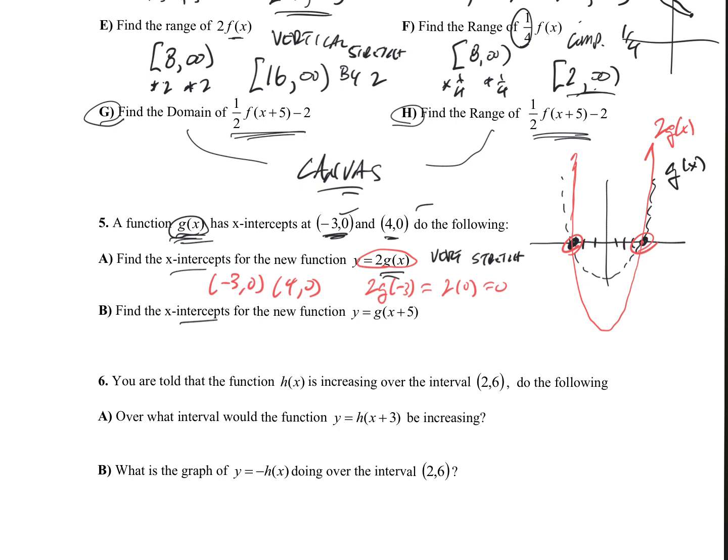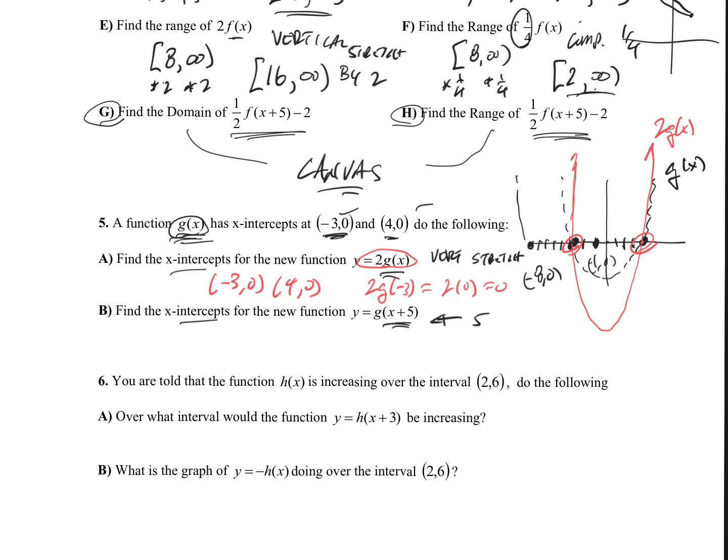All right, and so for the next one, though, we have a different transformation. That +5 is impacting the domain, and it's actually going to be moving it over to the left 5 units. So this x-intercept is going to move over 1, 2, 3, 4, 5. I guess that will end up being at -8, 0. And this will move over 1, 2, 3, 4, 5, and this will be at -1, 0.